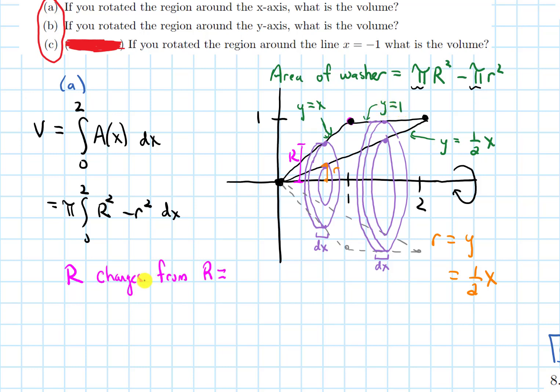So at a point like this, I need to take the y coordinate. The y coordinate will tell me how high up this is. And the y coordinate there, if I use this equation, y equals x, and I plug in for it, I'll get that big R is just x. Okay, so big R is going to change from that to being, at a point like this, the value of big R from here to here would just be this y coordinate, which is 1.